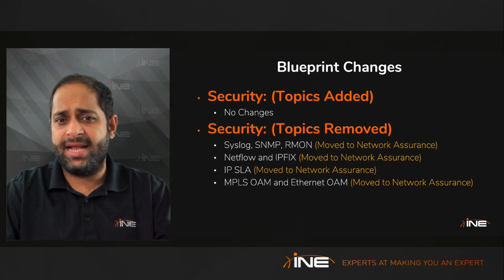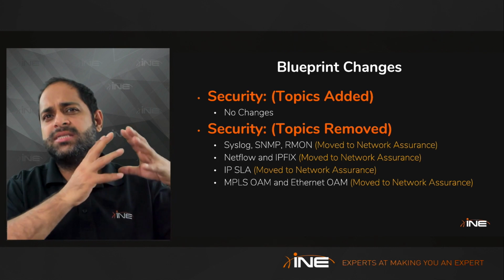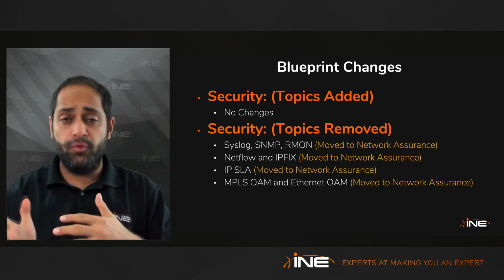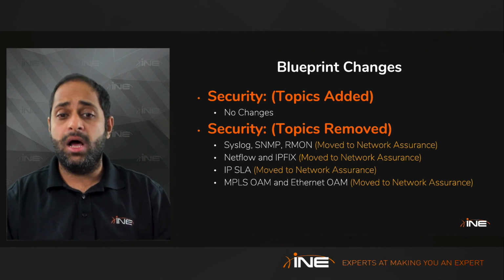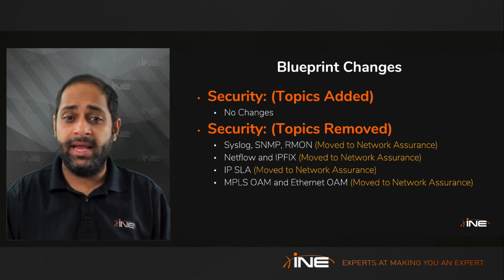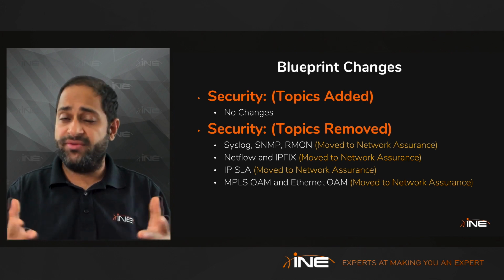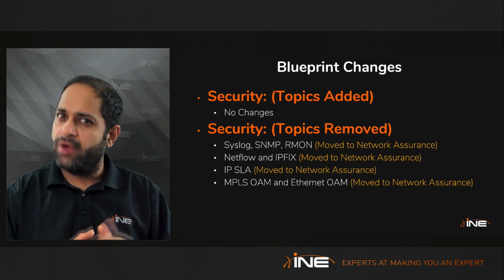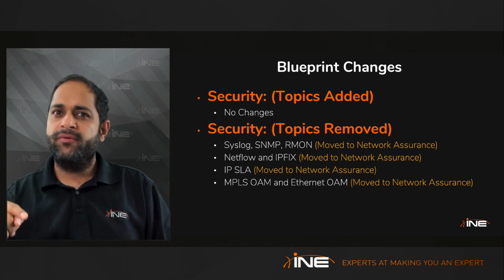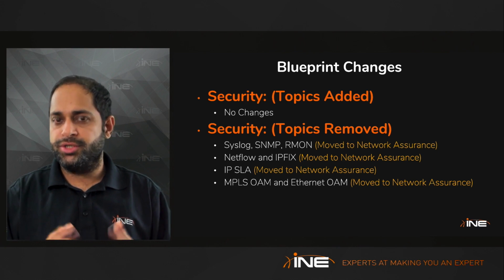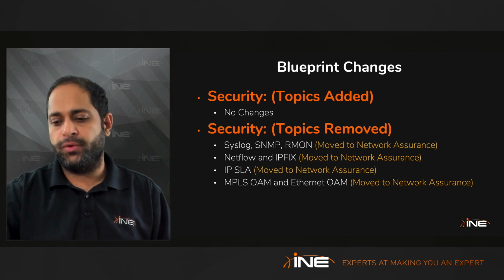The only change that happened was that some of the topics from the security domain in the older blueprint were removed, for example syslog, SNMP, RMON, NetFlow, IPFIX, IP SLA, MPLS OAM, or Ethernet OAM. They were removed, not entirely from the blueprint, but moved from section 5, which was your security, to network assurance.